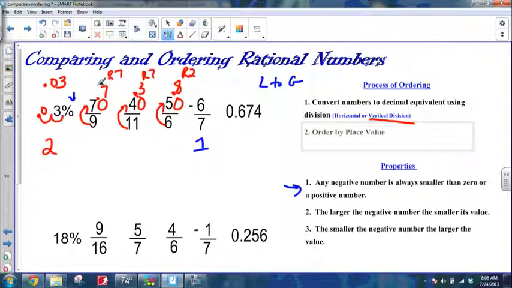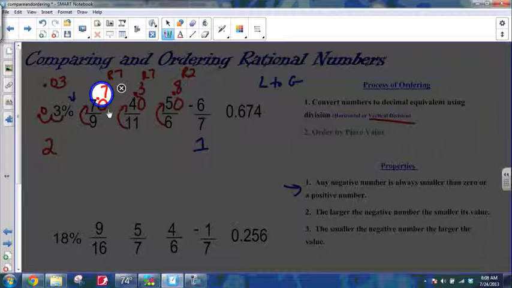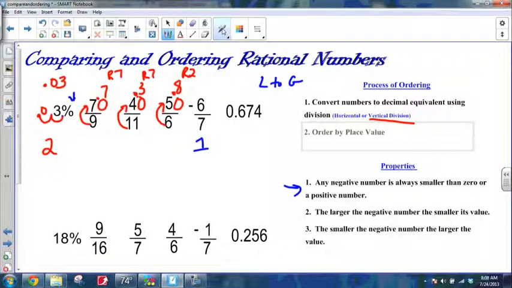We're going to look at the tenths place. And if we couldn't decide with the tenths place, then we move to the hundredths place. So on this number, 7 tenths, 3 tenths, 8 tenths, or 6 tenths. Well, the smallest tenth here is 3 tenths. So this goes next.